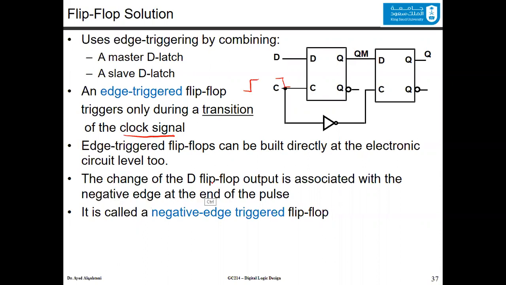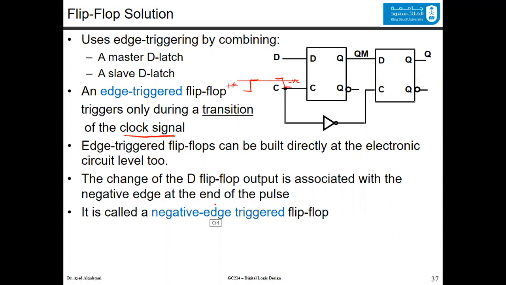The change of the D flip-flop output is associated with the edge, meaning that you will have the change only when you have a transition. This transition, from low to high, we call a positive edge-triggered transition. The other one, where the change happens from high to low, we call a negative edge trigger.